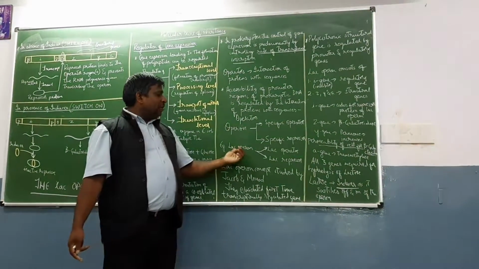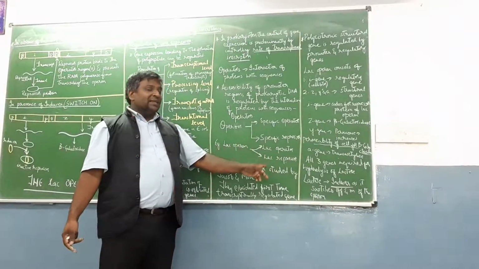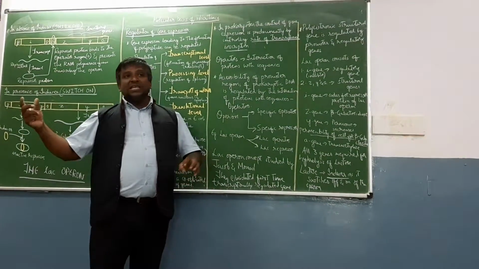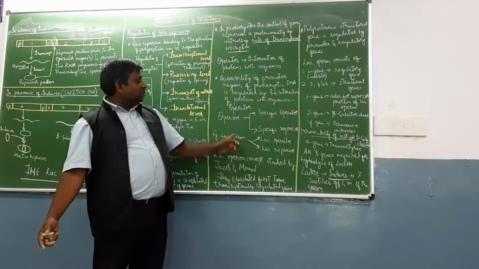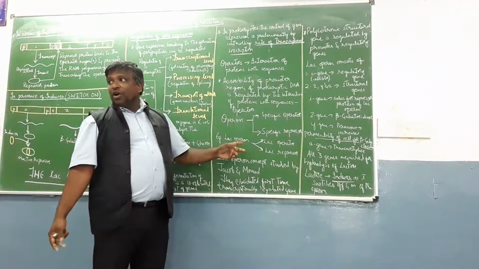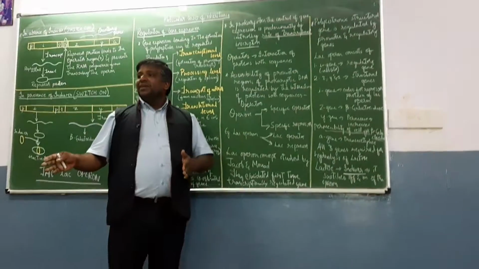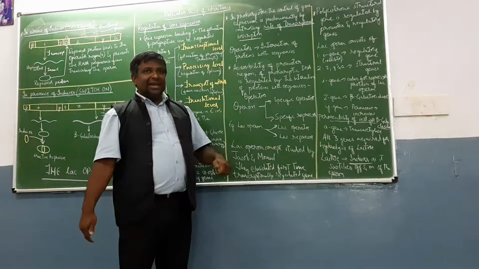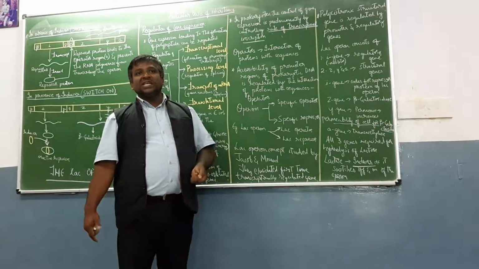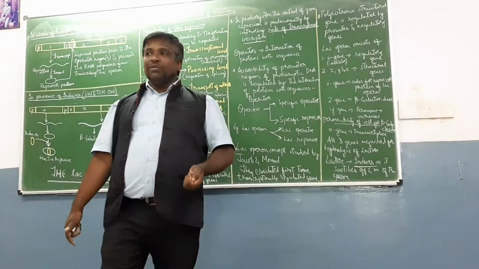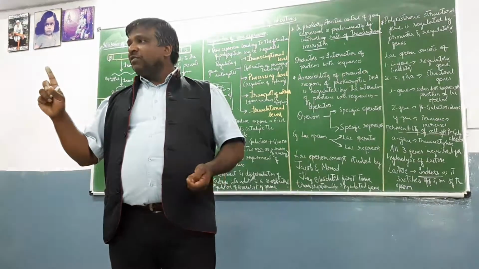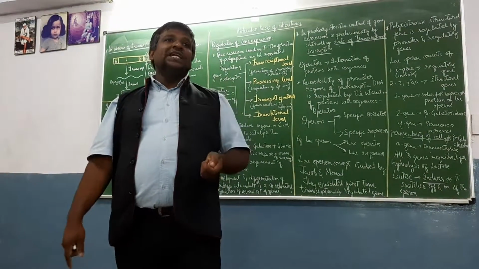Okay, lac operon, lac operator, lac repressor. In absence of lactose, repressor protein goes and binds to this operon gene. Operon gene inactive ಆದರೆ no synthesis of enzymes. Operon gene active ಇದ್ರೆ then there is a synthesis of enzymes. ಯಾವಾಗ operon gene active ಇರುತ್ತೆ? Lac operon ಅಲ್ಲಿ lactose ಇದ್ದಾಗ operon gene will be active. ಯಾಕೆ operon gene active ಆಗುತ್ತೆ?